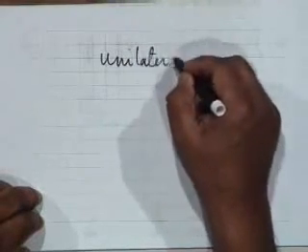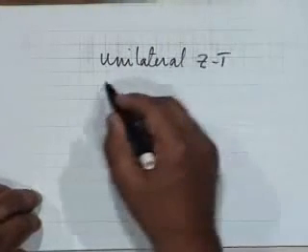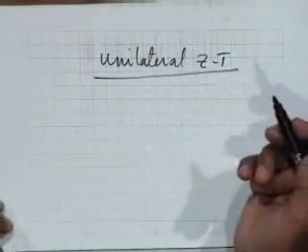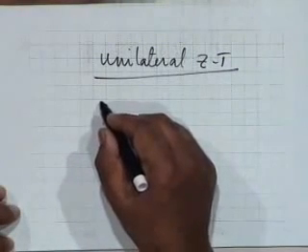All right. The last part of Z transforms is the unilateral Z transform. Exactly like the unilateral Laplace transform. Unilateral Z transform is defined like this.